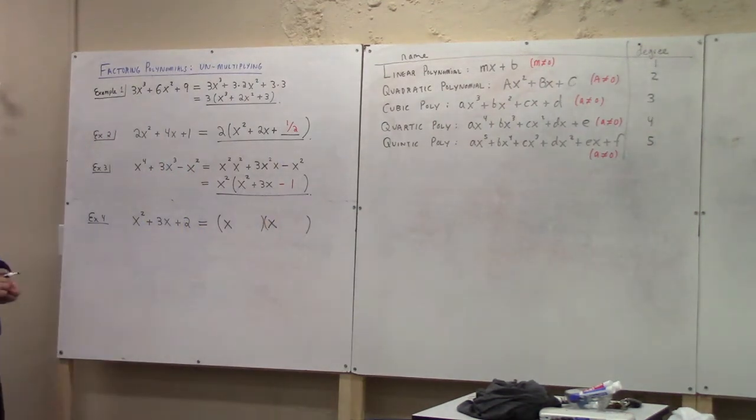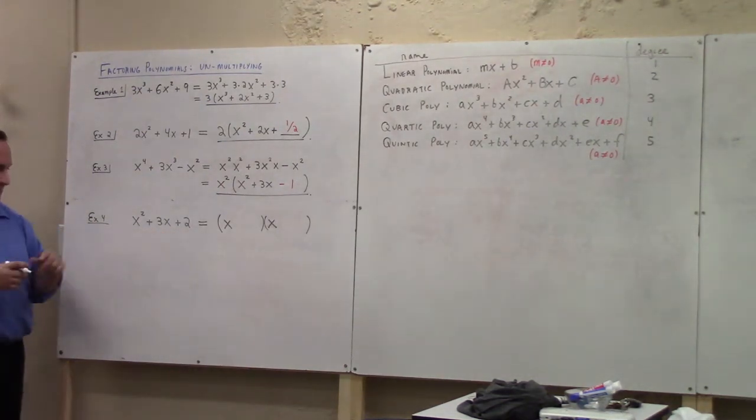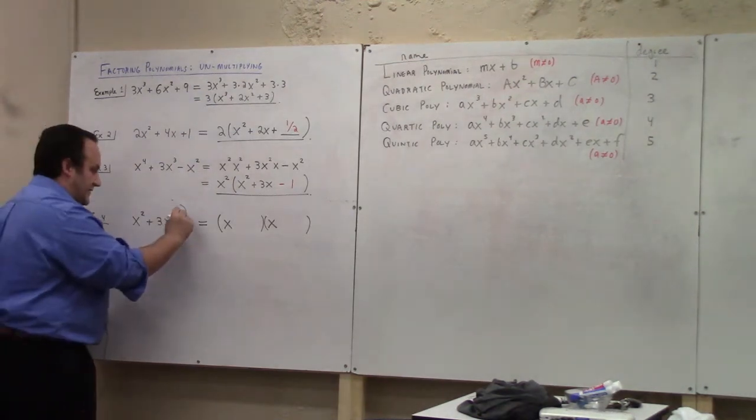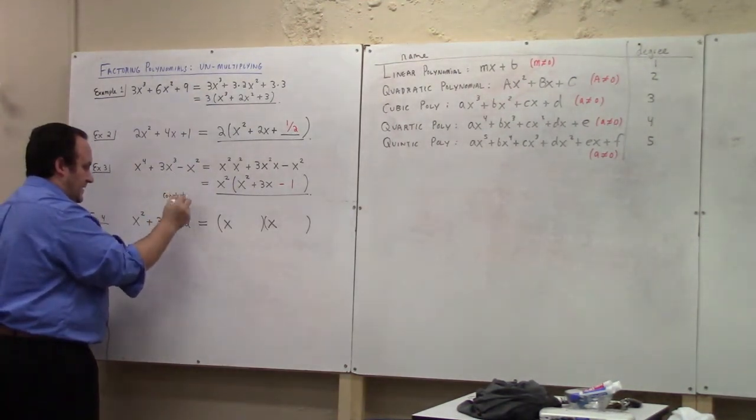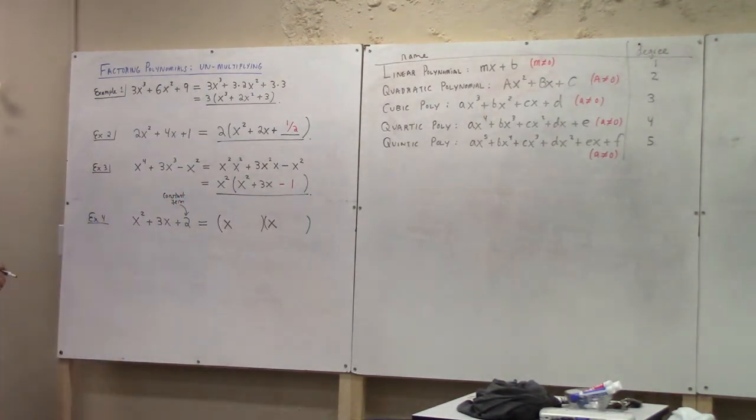All right? And then the game we're going to play, to start with, is we're just going to look at the constant coefficient, which is this 2, right? That's the constant term, rather, and think about how to get that. How can we get 2? How about 1 times 2, right? Or minus 1 times minus 2 is another way we could do it, right?